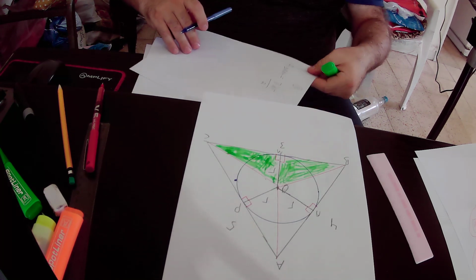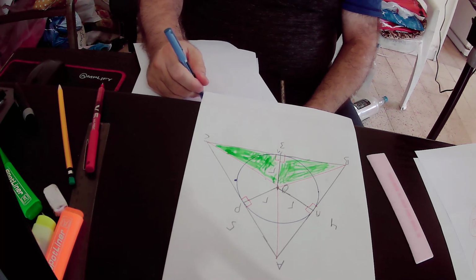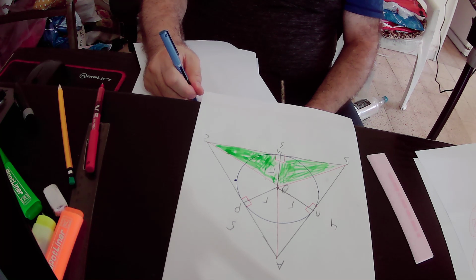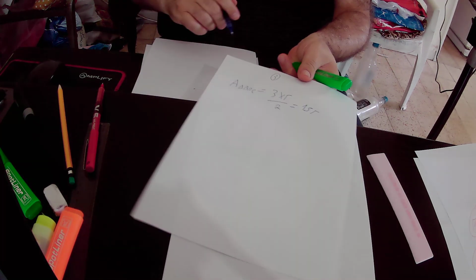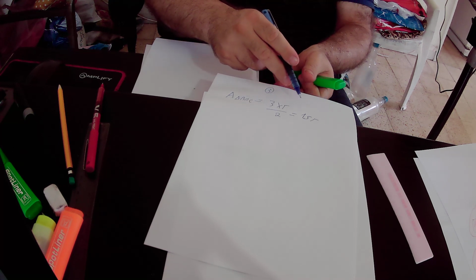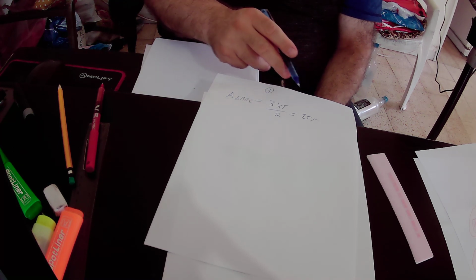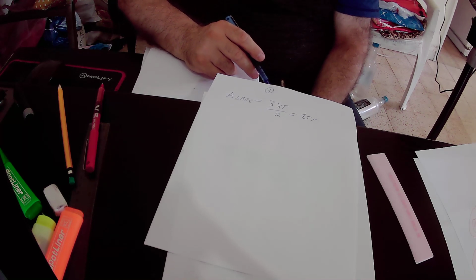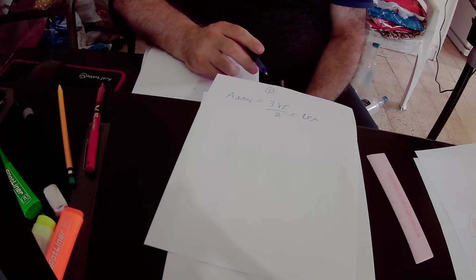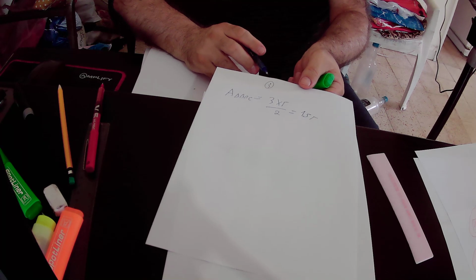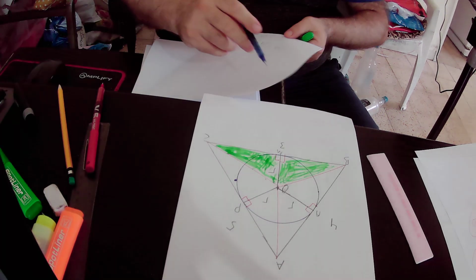Or in other words, we can say that 3 over 2 is 1.5, so it is 1.5 times the radius. 3 times r divided by 2 equals 1.5 r. So the area of the green triangle equals 1.5 times the radius.